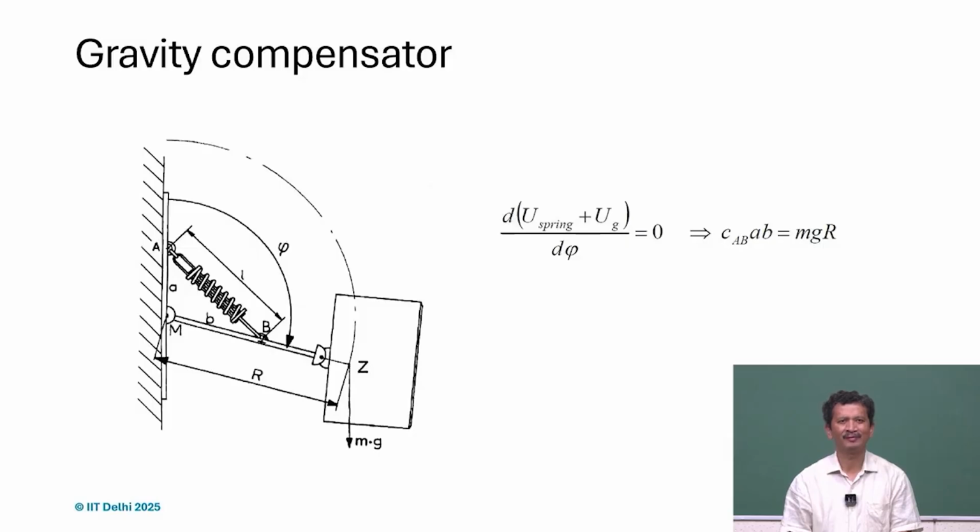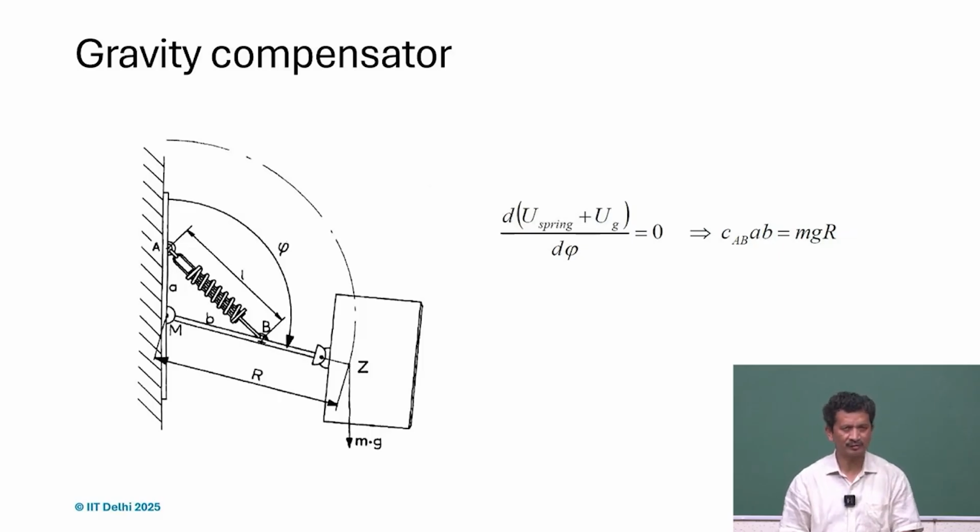Hello everyone, welcome back. So let's continue with the gravity compensation methods. What we have been talking about is that we can use counterweights to compensate for gravity, but at the same time we can also use springs.